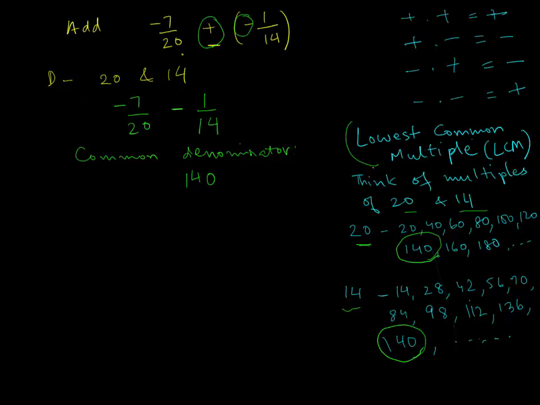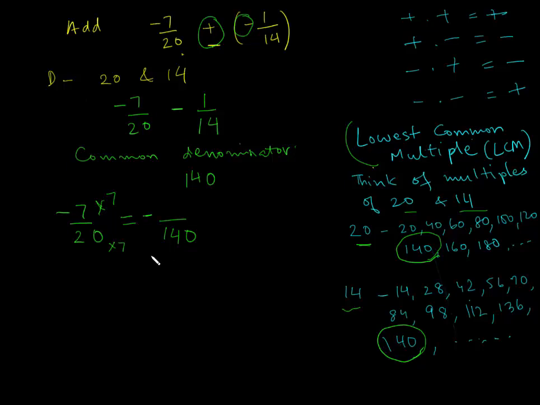So now the next step would be to find the equivalent fractions of negative 7 over 20 as something over 140. And we know that 20 times 7 is 140.